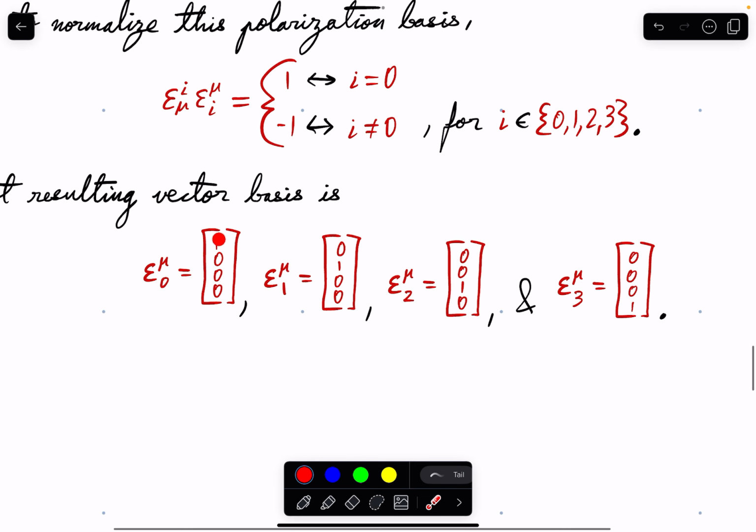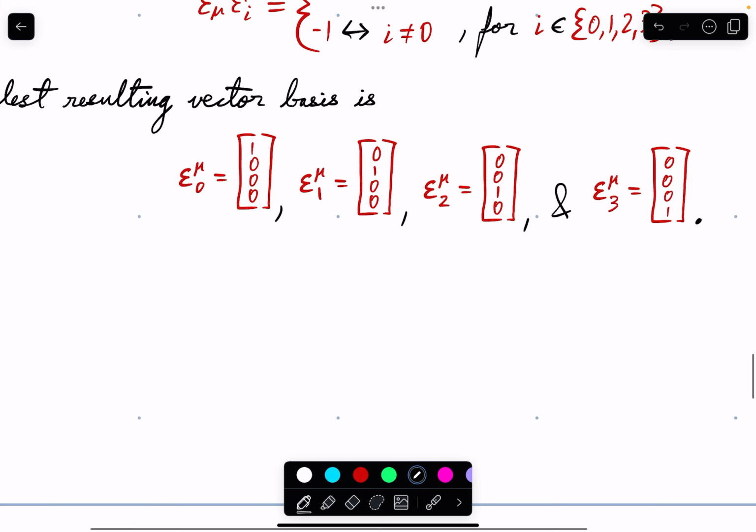Recall that this right here corresponds to, or implies, the following set: epsilon naught mu, or forgive me, let me just rewrite this. It's easier to say, but this works because of the Minkowski metric.